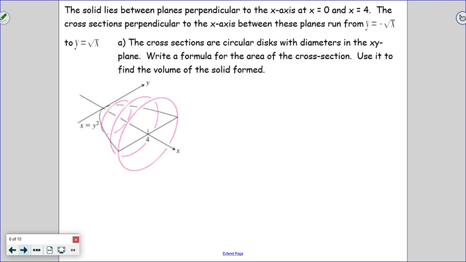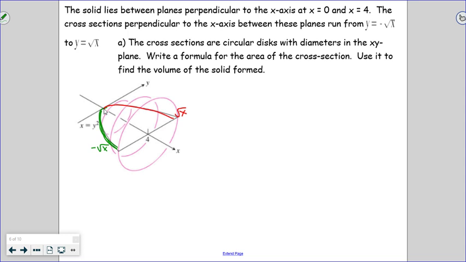And this picture is kind of turned on its side here, but the two equations that they gave us, the negative square root of x would be here, and the positive square root of x then would be this side of it. And our circles are falling between that.